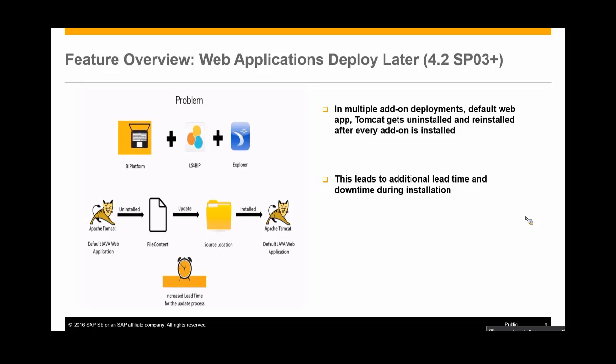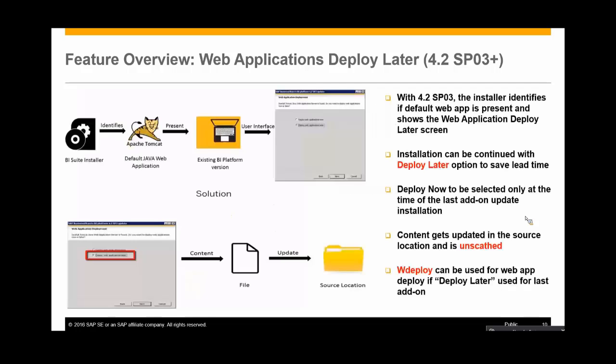This is something that we noted in a whole lot of customer scenarios, and a lot of customers wrote to us regarding this. So the team took it up as a problem, and to overcome it we provide the feature Web Applications Deploy Later. This is a feature provided from 4.2 Service Pack 3.